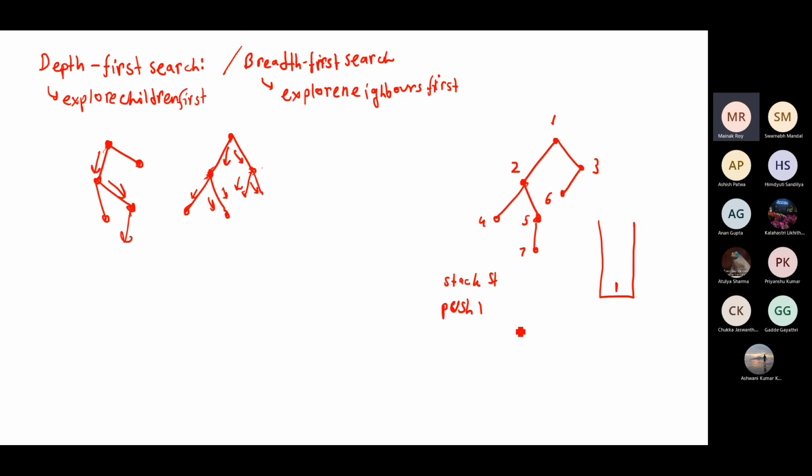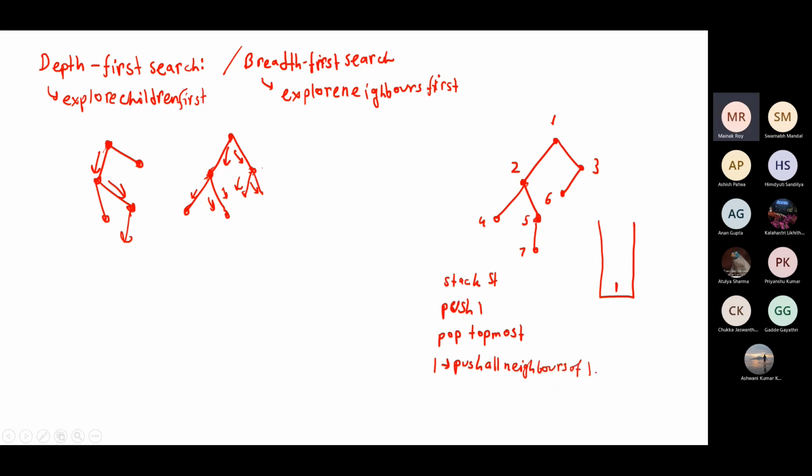Now we'll pop the topmost element, which in this case is 1. So we'll take 1 and push all neighbors of 1.